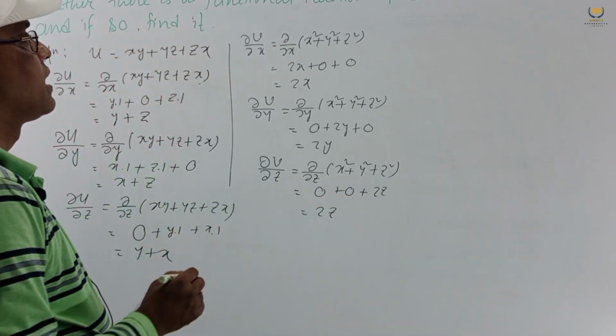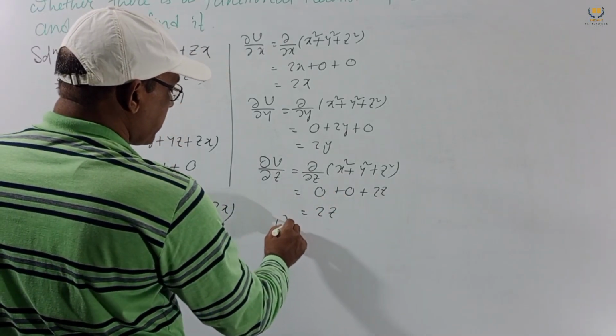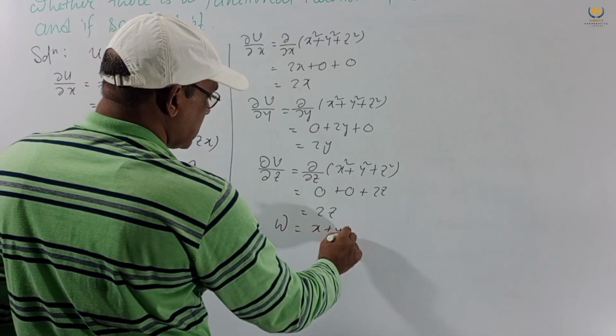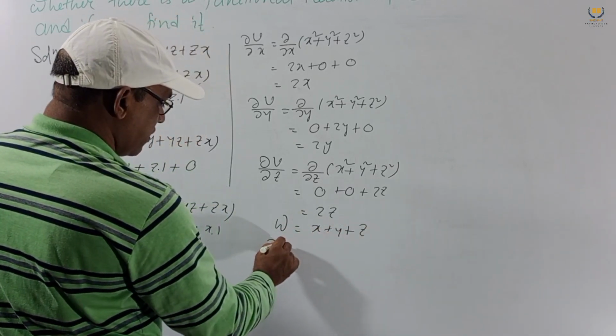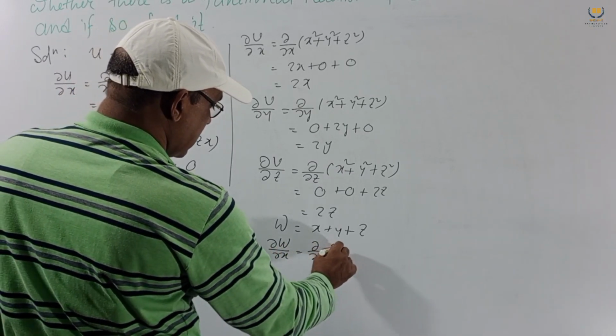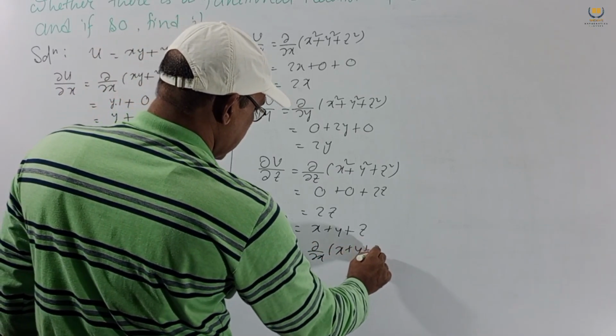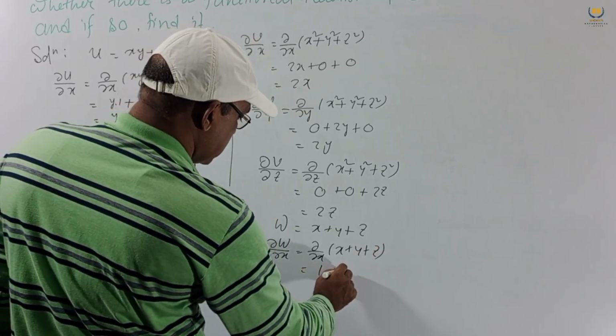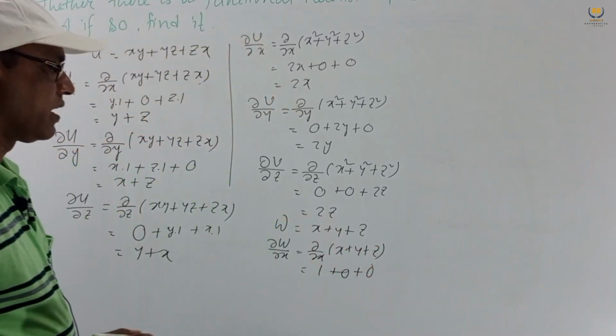We get this. Next, w equal to x plus y plus z. Then del w del x: del/del x of x plus y plus z is 1 plus 0 plus 0, so we get 1.